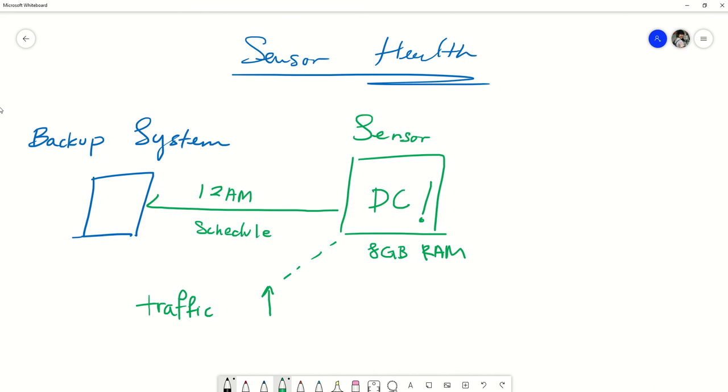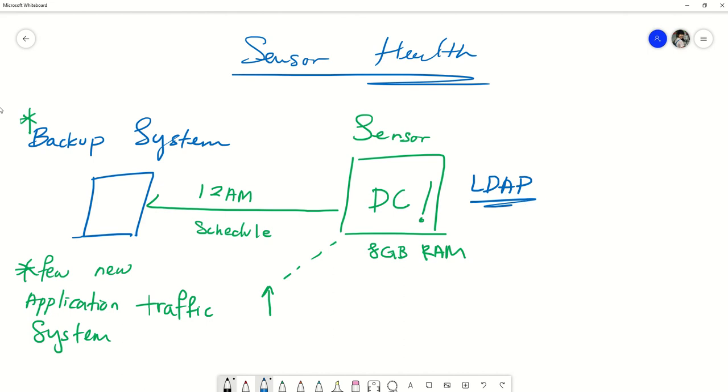You had this sensor deployed for 2 weeks, everything was running smoothly, and all of a sudden a backup system was implemented, or a few new application systems were implemented into the environment. You know that all these applications would require LDAP authentication, so this is traffic packets.